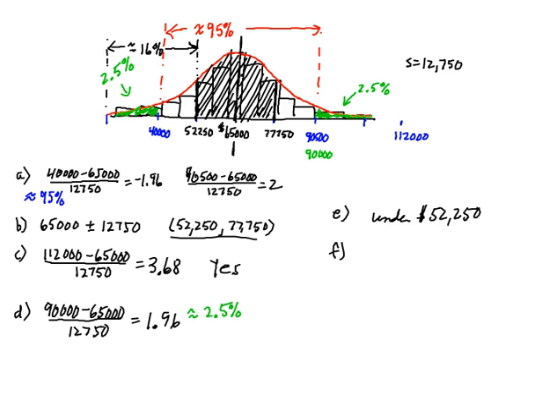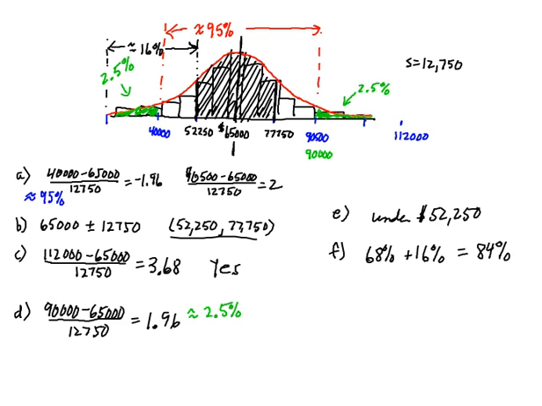F says, what percentage of homes will be priced under $77,750? Well, if you look at the picture there, from $52,250 up to $77,750 is approximately 68% of the homes. Below the 52,000, we just calculated 16%. So if you add those together, it's approximately 84%.